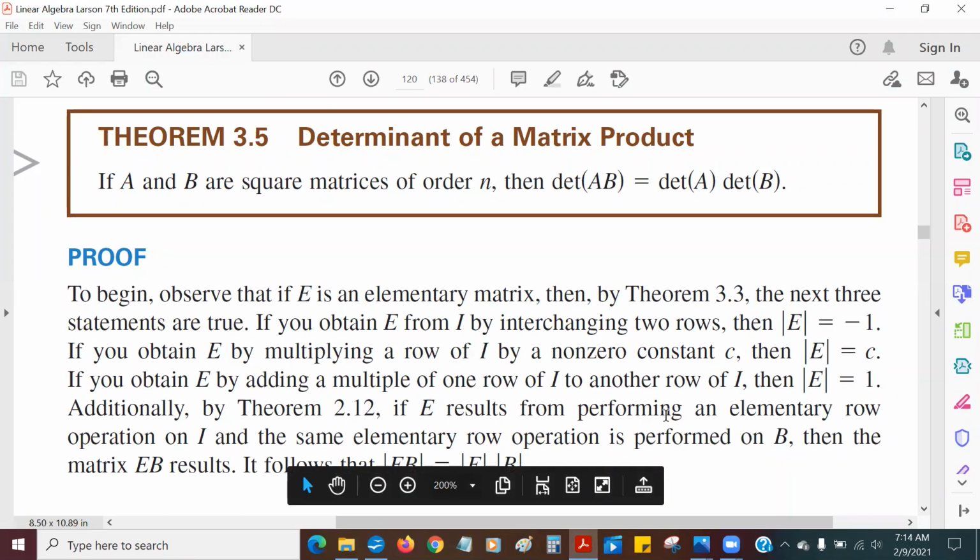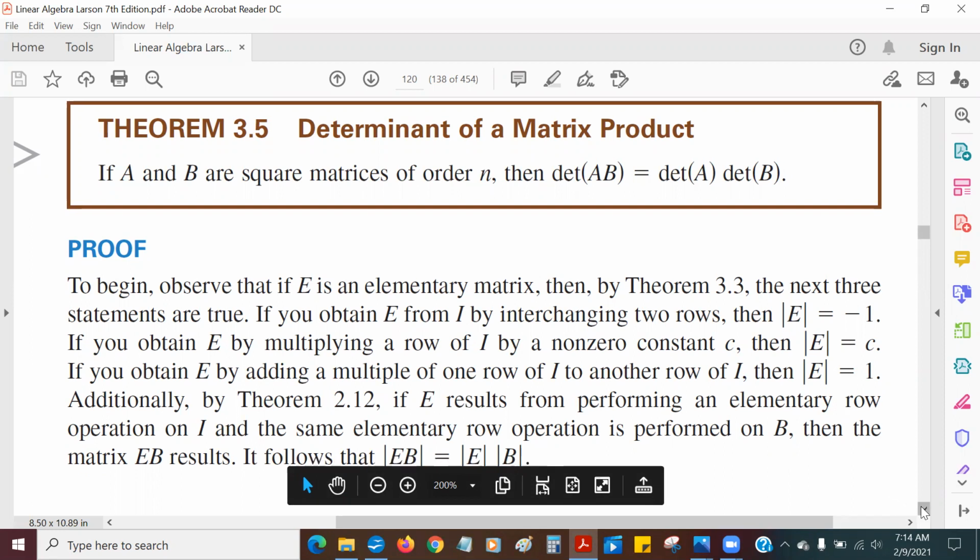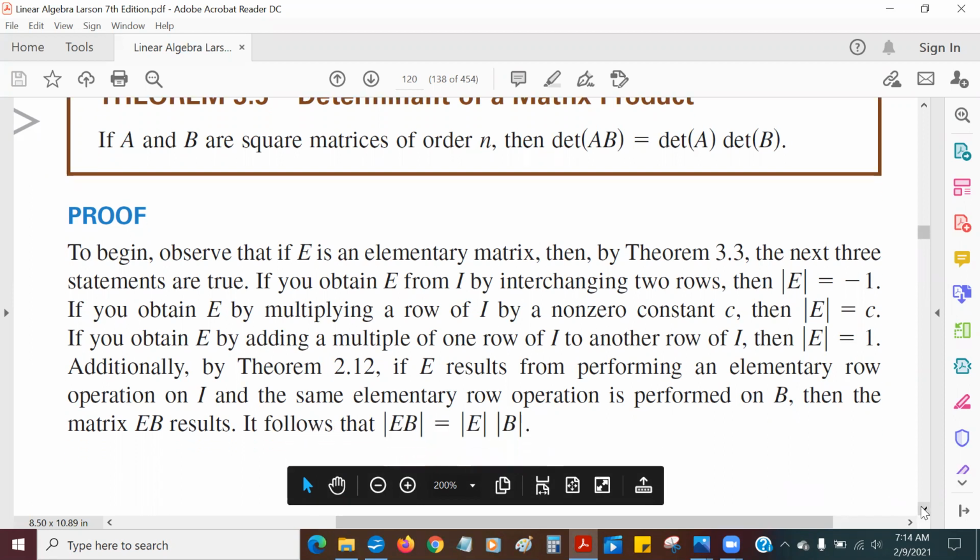so if E results from performing an elementary row operation on I, the same elementary row operation performed on B, therefore, the determinant of EB is equal to the determinant of E times the determinant of B. Well, why is that?